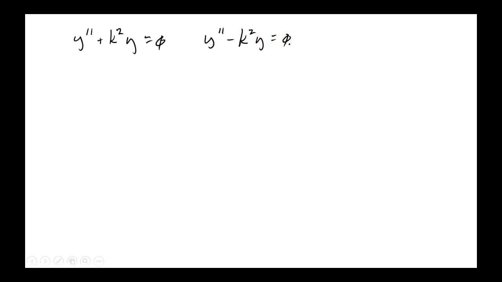Now, obviously, I hope you see, from what we have done before, if we did the e to the mx thing, this would come out being m squared plus k squared equals 0. This would have come out m squared minus k squared is equal to 0.